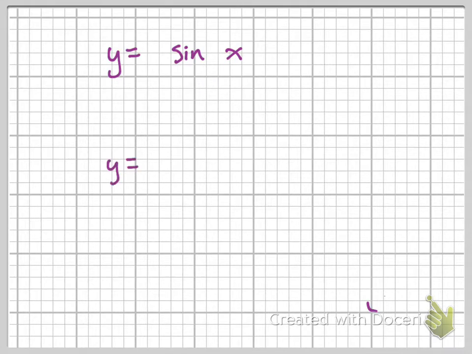So we've got our sine function, our cos function. But when we put something here that gets multiplied by the sine or cos, that would cause a vertical stretch or shrink.